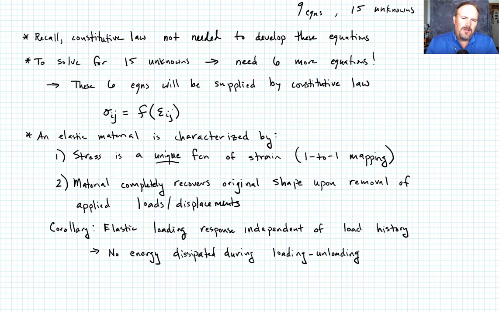This is in contrast to the kind of behavior we're going to talk about in this class, called Plasticity and Viscoelasticity. Both plasticity and viscoelasticity have the capacity to dissipate energy during the load-unload cycle, and in both cases the loading response is absolutely dependent on the load history. It depends on what has happened previously.